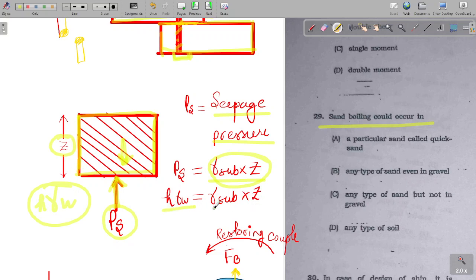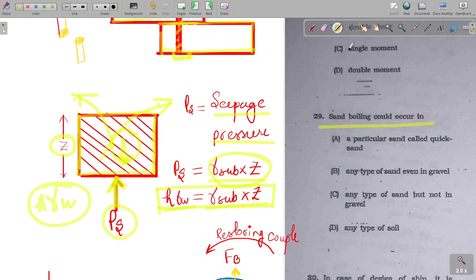So H gamma W is equal to gamma submerged into Z. When both become equal, this is the limiting case, and if the seepage pressure increases any further, even by 0.1 in magnitude, then this soil will start flowing like a liquid. This condition is known as sand boiling, or a quicksand condition, or piping.